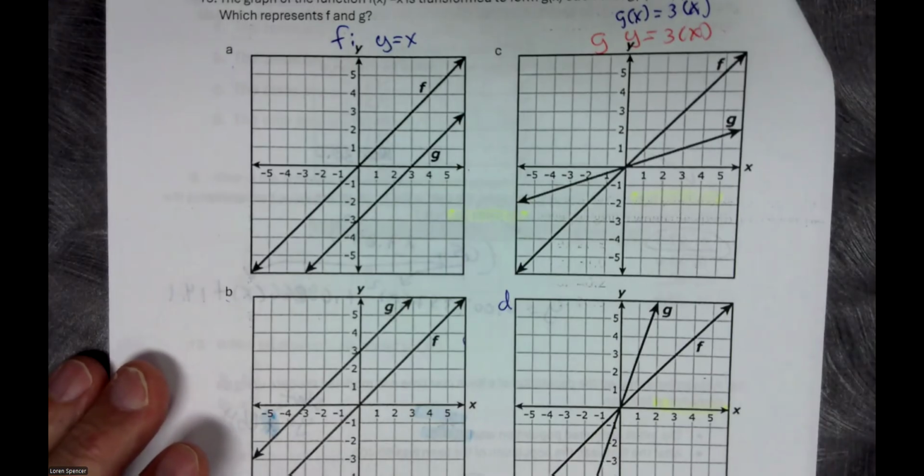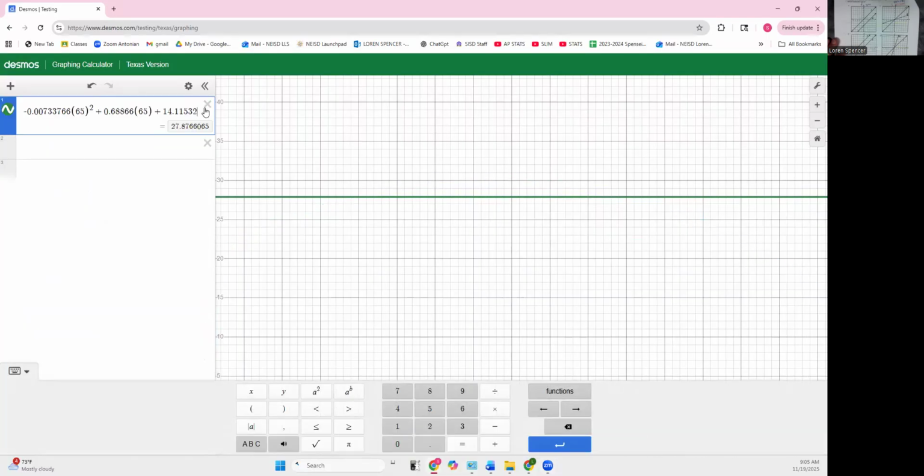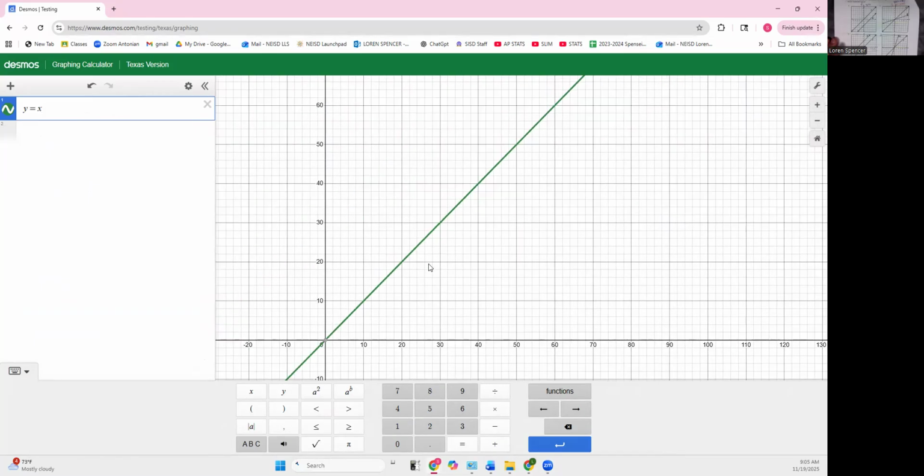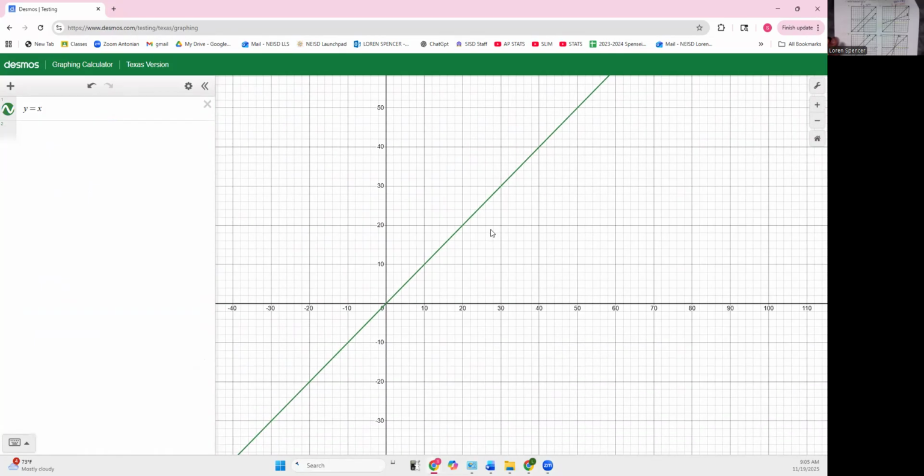So sharing my screen. And y equals x. And let's zoom out because we want to get the whole graph. There it is. So in this case, y equals x is in green, and it goes through 0, 0.